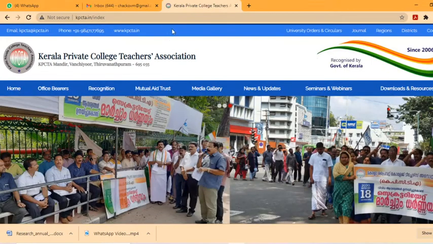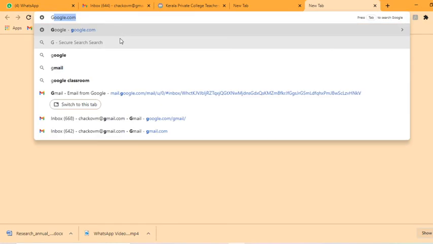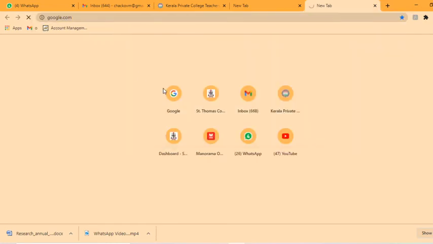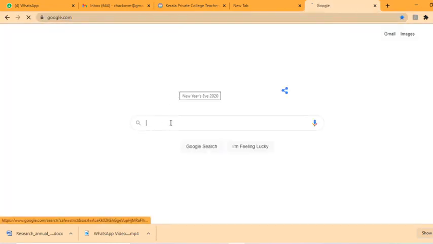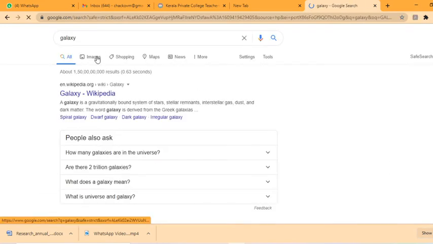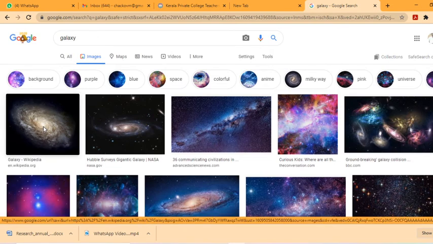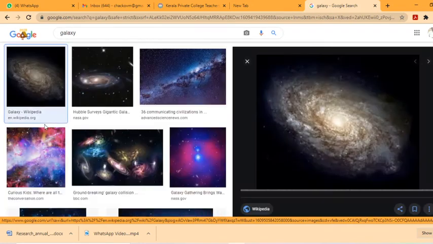I think we have already shown that galaxy picture. This is a galaxy picture. The data are distributed in and around this central value.